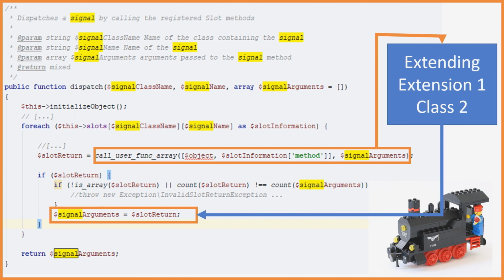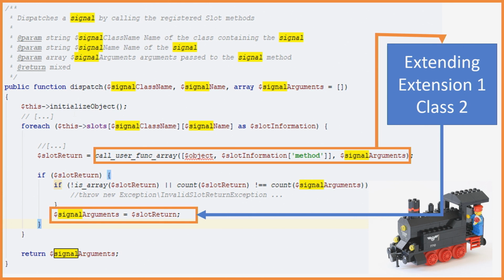Now, when I'm calling one of the classes, the slot gets called here via call user function. And of course, we do a check up front whether the user function really exists and so on. And we pass on the information from the signal arguments.